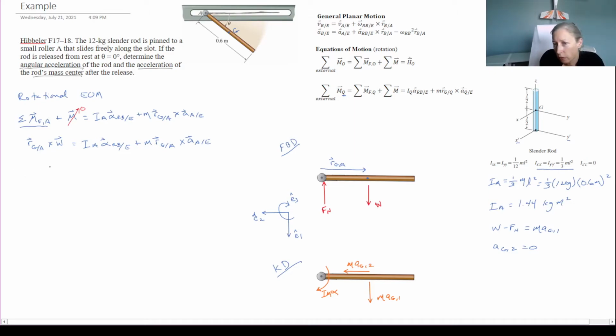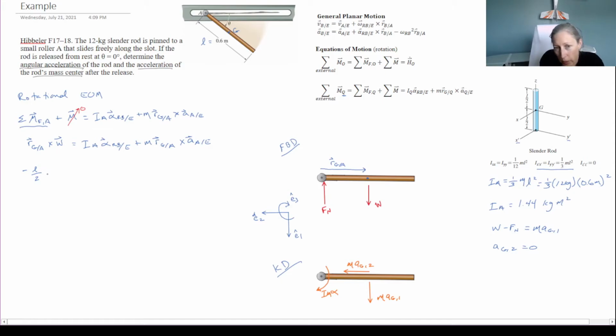So the position of G as seen from A is going to be negative half of the length of that rod. So I just want to use variables as long as I can. So I'm going to call the length of the rod L. So the position of G as seen from A is going to be half of the length of that rod, right?